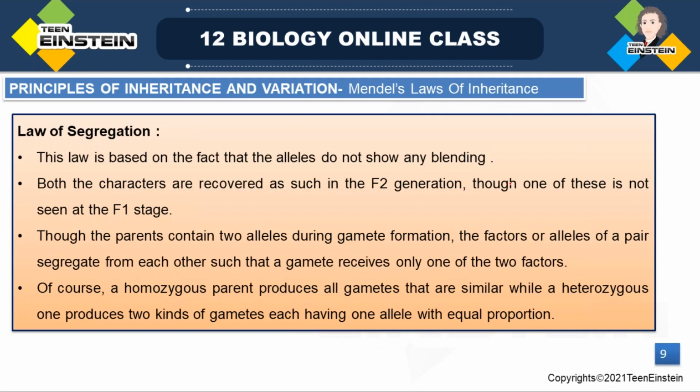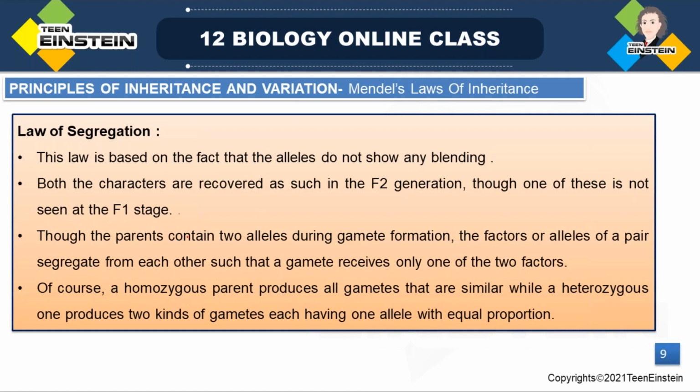There is no medium sized plant, no in-between character. Both characters are recovered as such in the F2 generation. In F1 only one character is expressed, but in F2 both are recovered, though one of them is not seen in F1.